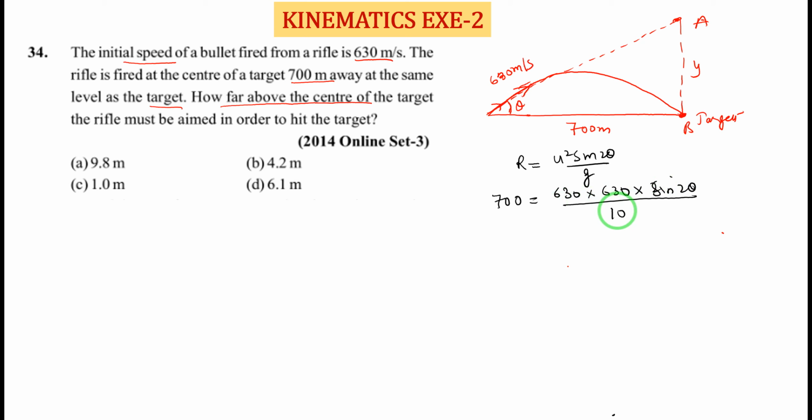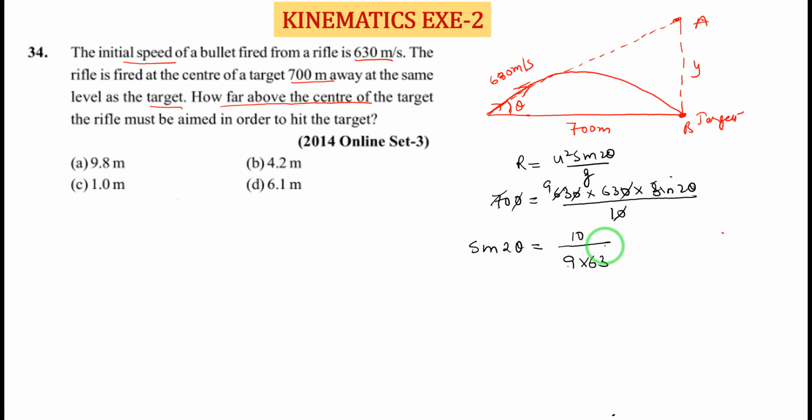Or you can take 9.8 also. The 10 is cancelled like this. So coming to sine 2 theta, this 7 will get cancelled, 9 times 7, so 10 upon 9 into 63. This is what we are getting.